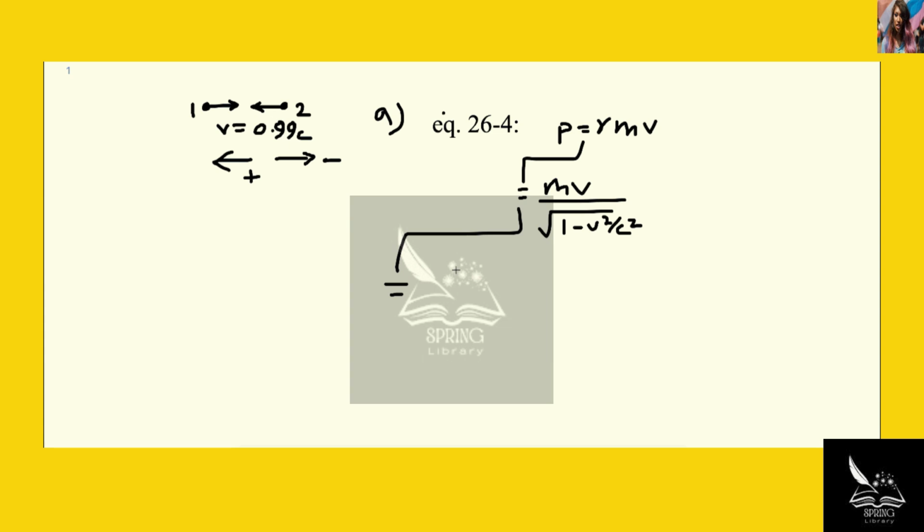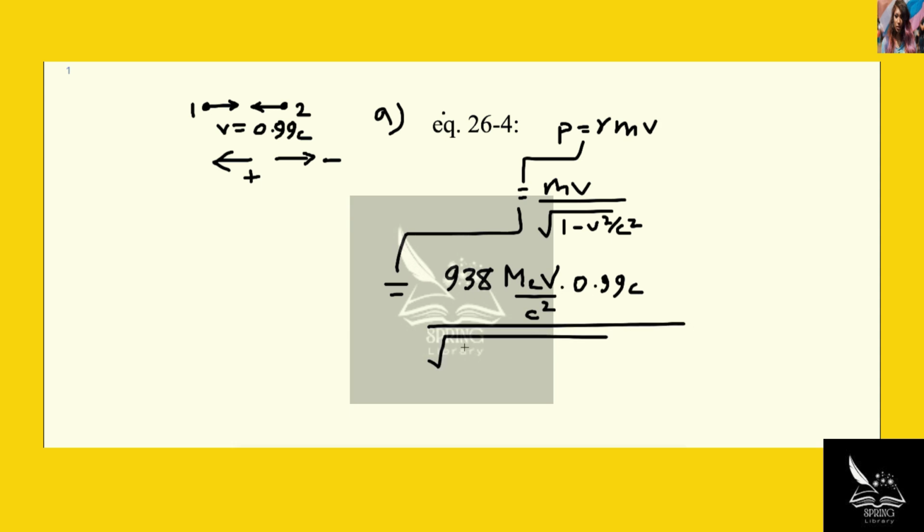And so mass of a proton, we know from the book, is 938 MeV per c squared, and it's okay to keep it in these units. Velocity is 0.99 c divided by square root of 1 minus 0.99 quantity squared. That's because v equals 0.99 c, so all we have to do is square the 0.99.